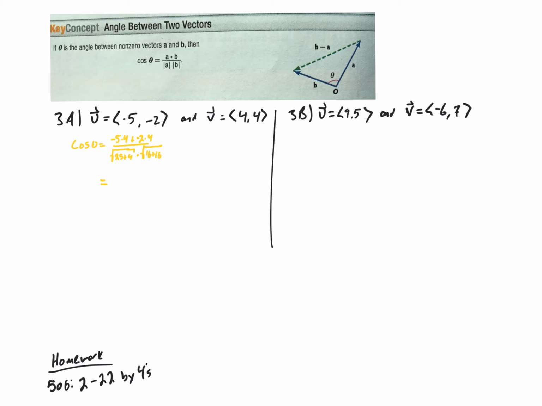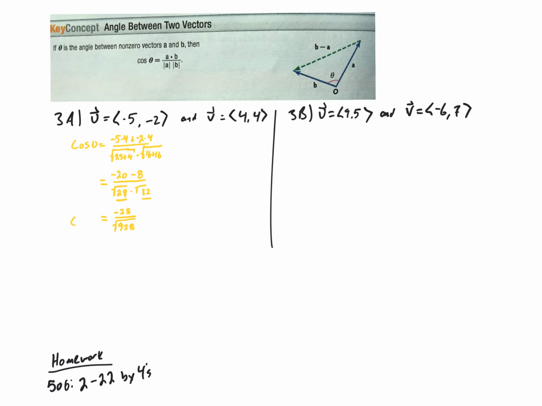So this is going to be negative 20 minus 8 on the top, and the square root of 29 times the square root of 32, which is negative 28 over the square root of 928. I just multiplied the 29 and the 32.